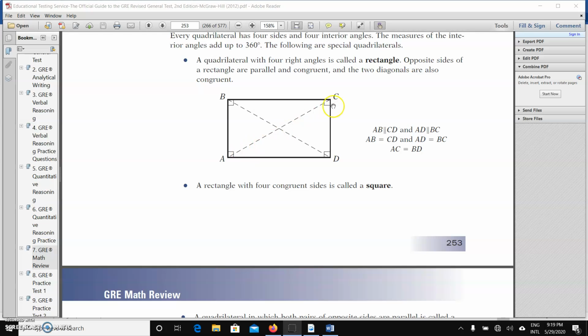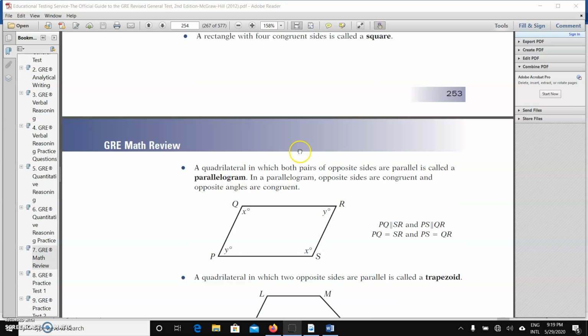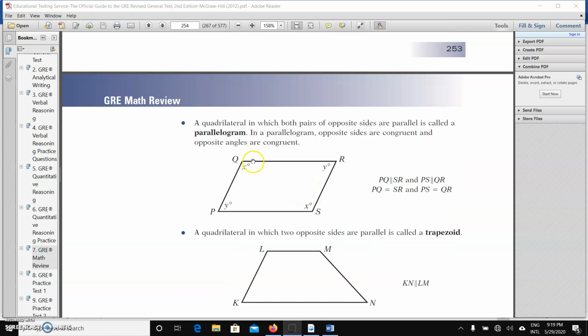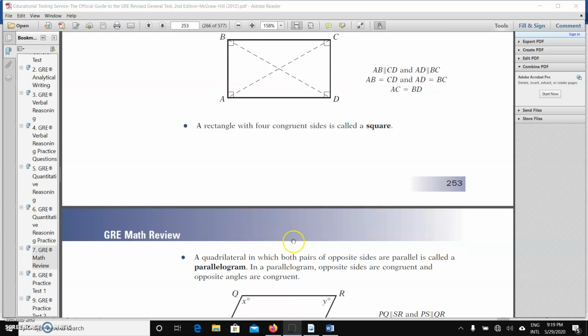Now this is a parallel line. The two parallel lines are equal. AC is equal to BD. Now, what you need to know here is just the formula and how to apply it. We have the parallelogram. A parallelogram is like this. It's different from a rectangle. A rectangle is straight like this. This is a parallelogram.